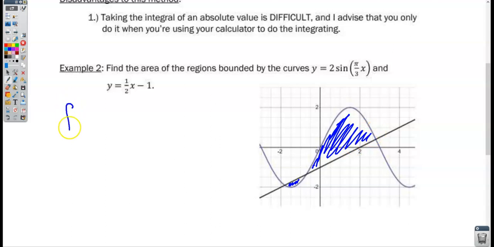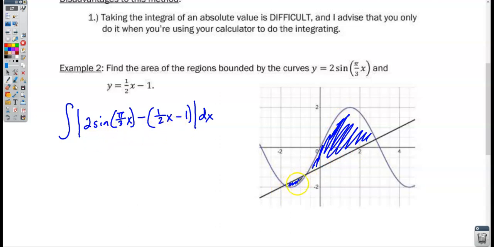So I'm going to take the integral of the absolute value of the first listed curve, the sine curve, minus the second listed curve. On this interval, the sine curve is bigger than the line, and so the absolute value is exactly the sine curve minus what's inside here.